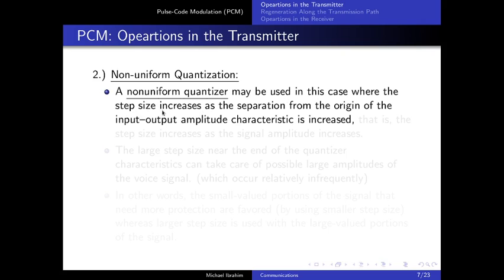The step size can increase as the separation from the origin of the input-output amplitude characteristics is increased. This statement is kind of cryptic, but we will understand it in the next few slides. In other words, simply put, the step size increases as the signal amplitude increases.